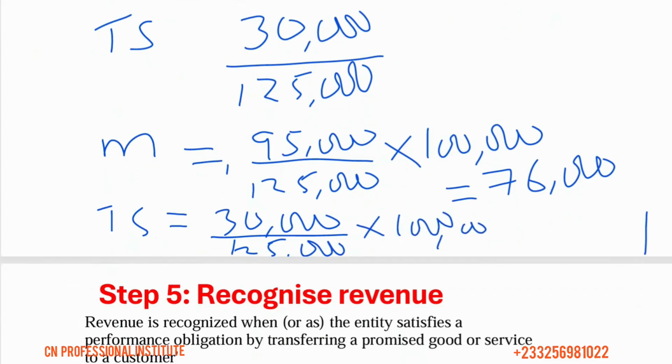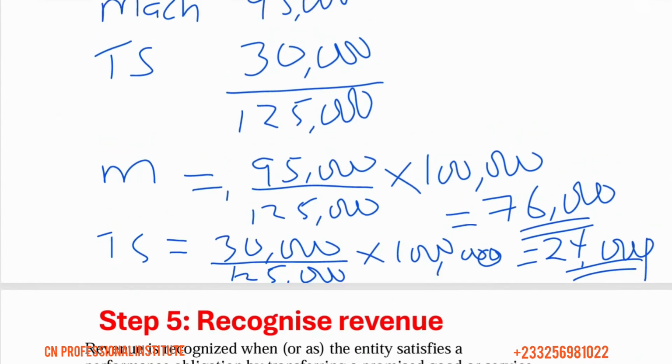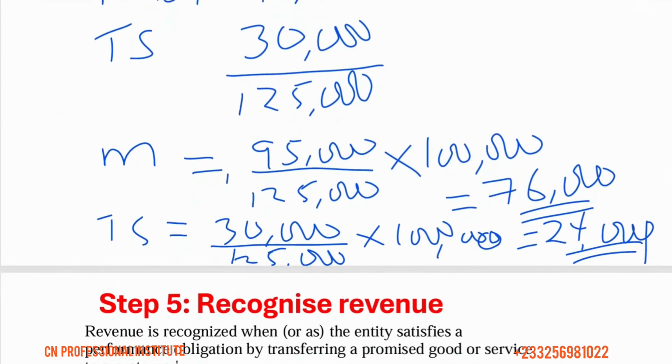What do we get? We will get 24,000. The 24,000 is what we are going to give to technical support, and 76,000 is what we are going to give to the machine. So that's the allocated transaction price. We are done allocating the transaction price.